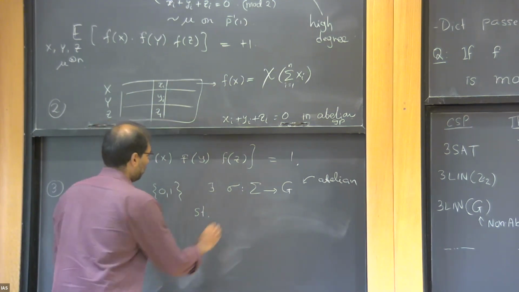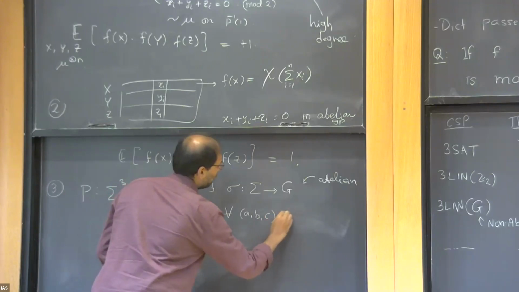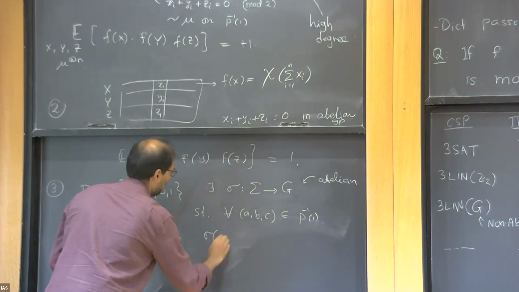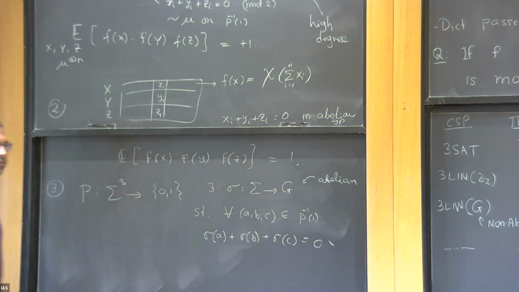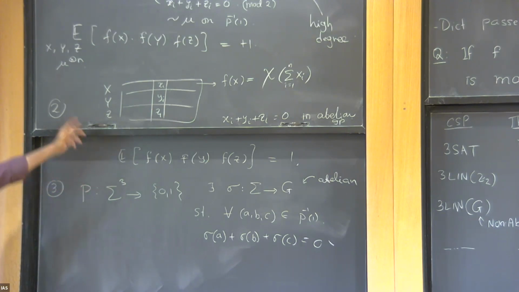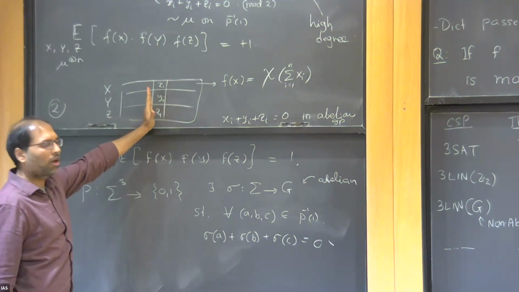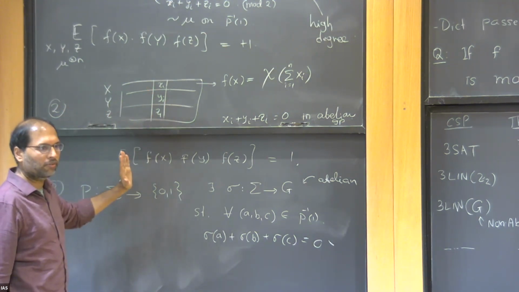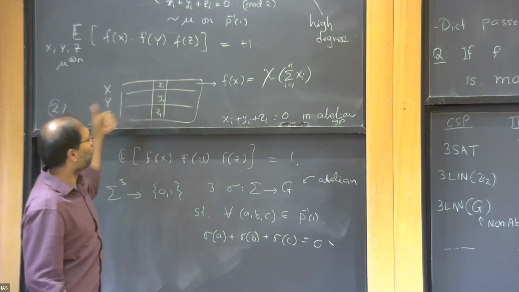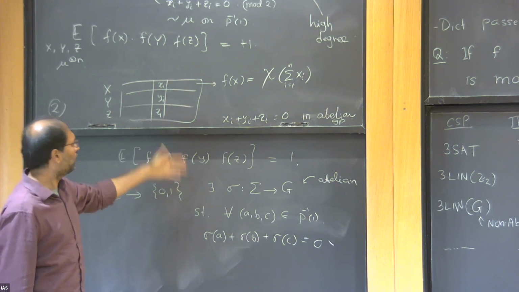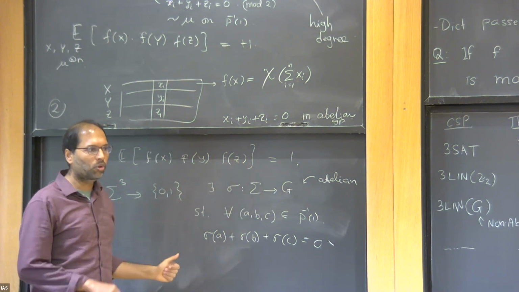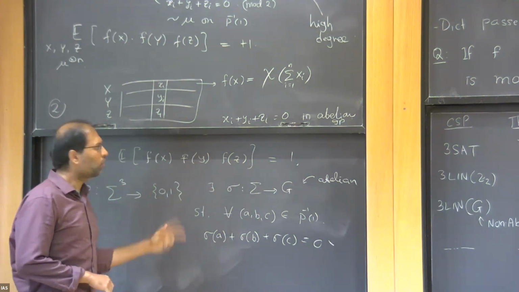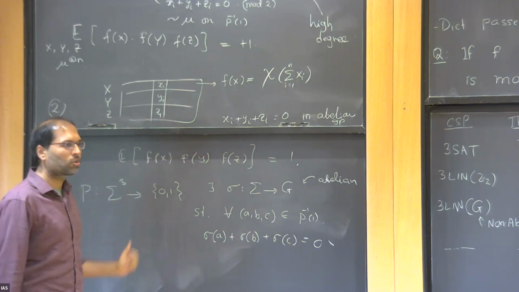That for all A, B, C which are satisfying assignments, sigma(A) plus sigma(B) plus sigma(C) is 0. Then the same thing will work. If you pick every column according to the predicate, there is some function you can apply to the rows which is a high degree function, exactly this. It's just that the symbols we are mentally identifying with abelian group elements. And you will get a high degree function f such that this expectation is 1.